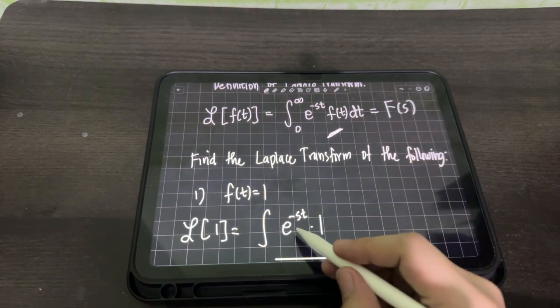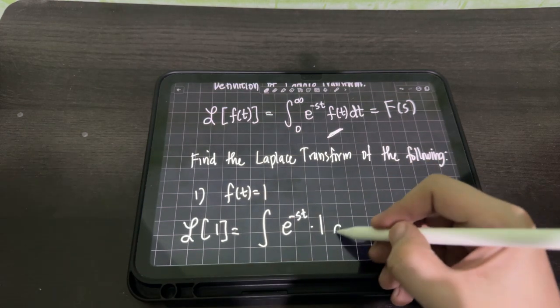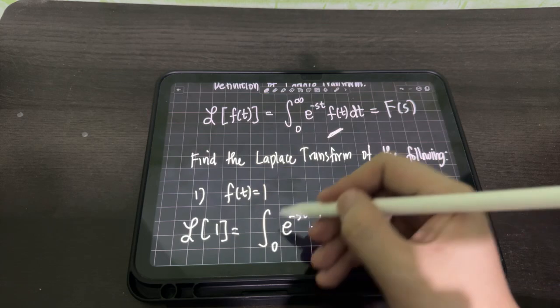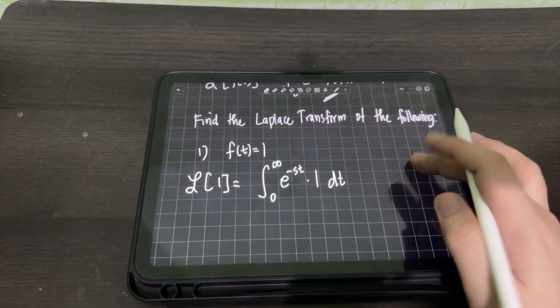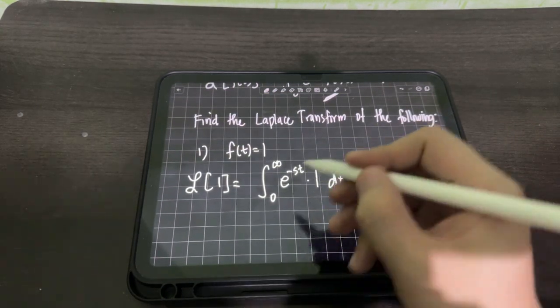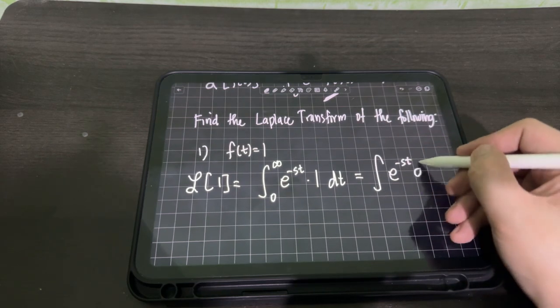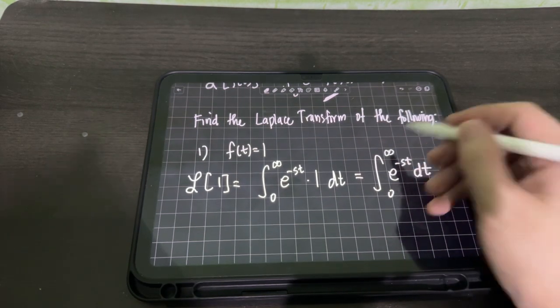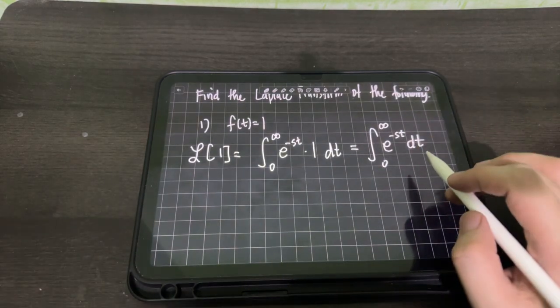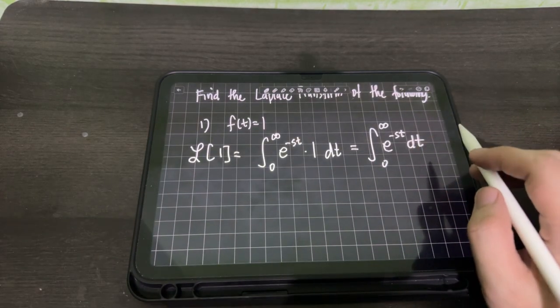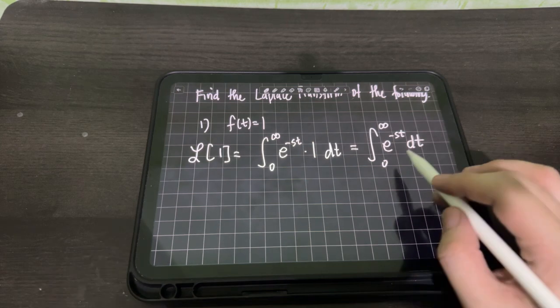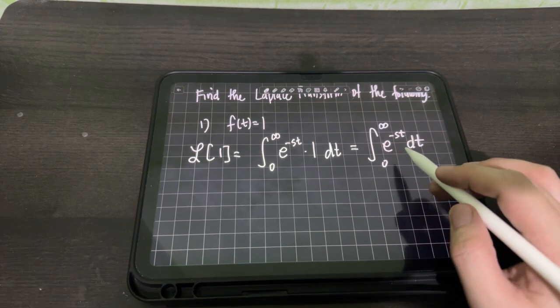So we multiply e to the negative st by 1 dt, with limits from 0 to infinity. Since it's just 1, it is just the integral of e to the negative st dt from 0 to infinity. We will apply what we've learned from integral calculus on how to integrate e to the negative st.